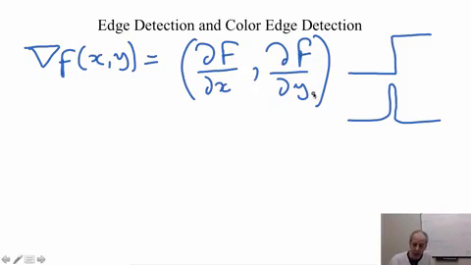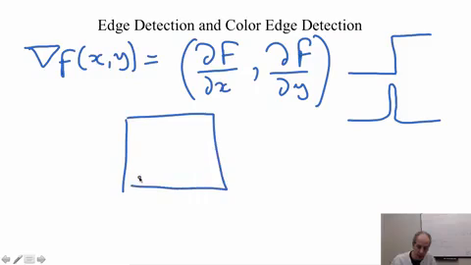Now, the gradient is one important derivative, and one of the important characteristics, in case you don't remember that from your early calc classes, is that when you sit at a certain pixel in the image and you ask yourself in which direction my image is changing the most, so in which direction should I make a step and get a big jump in the pixel values of my image, it turns out that direction is the gradient.